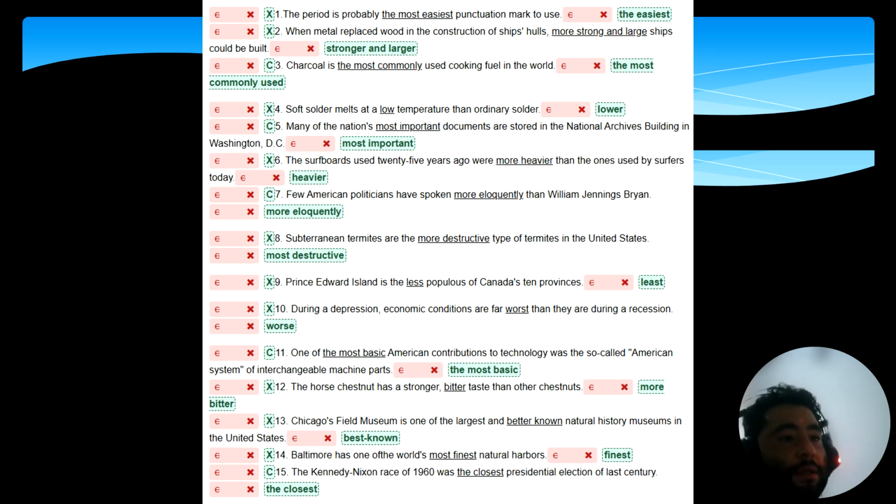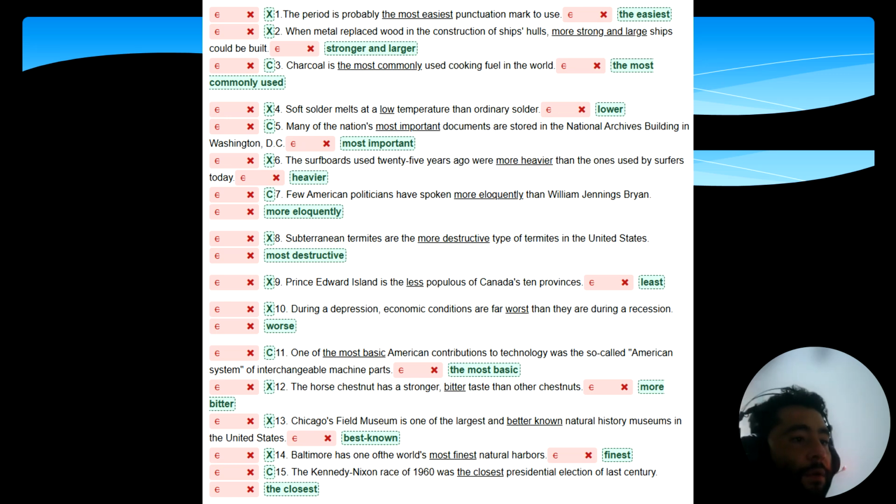In this case, the correct superlative will be the least. Number ten is incorrect as well. Remember, in this case, the correct comparison will be worse than. Number eleven, that one is okay. We can say the most basic.